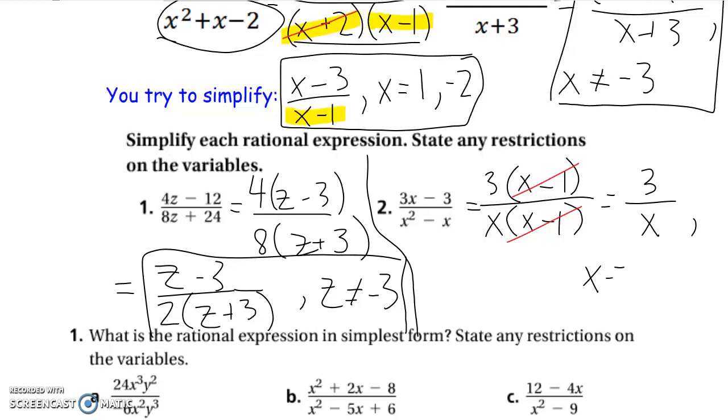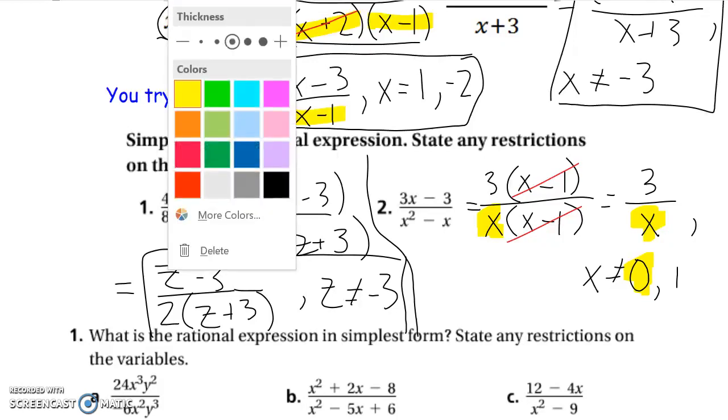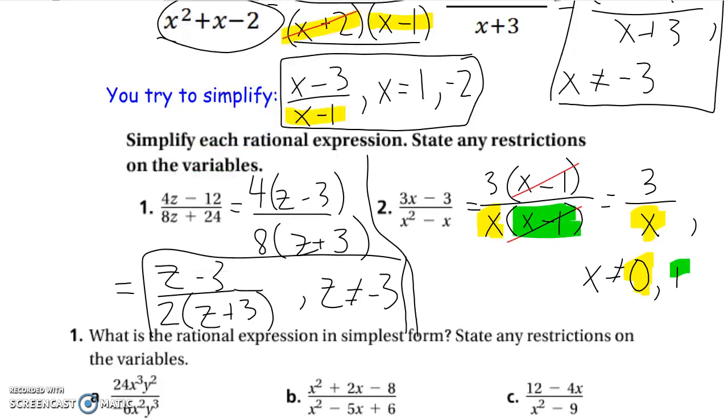Here we have a restriction on the domain of 0 because we cannot divide by 0 here or here. But we also need to have a restriction on the domain of 1 because we have an x minus 1 factor. Even though we canceled it out, it still affects our domain.